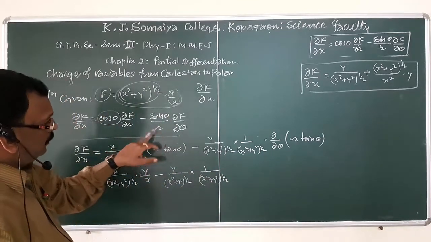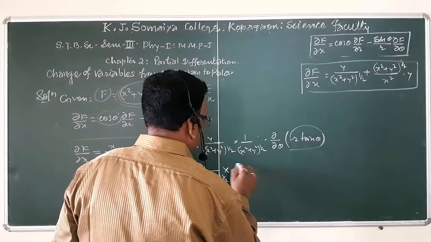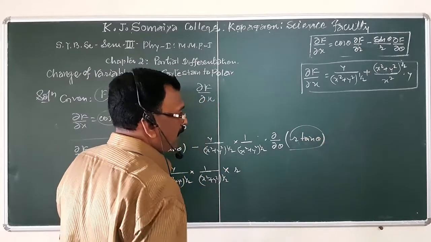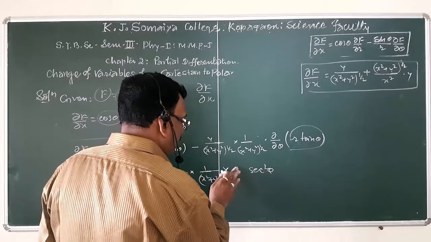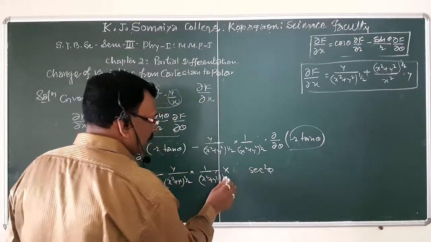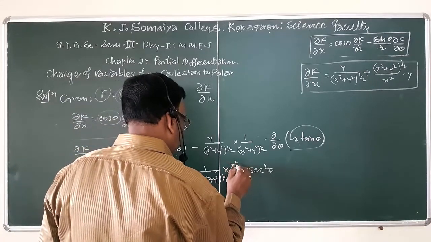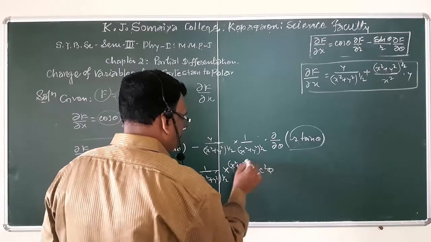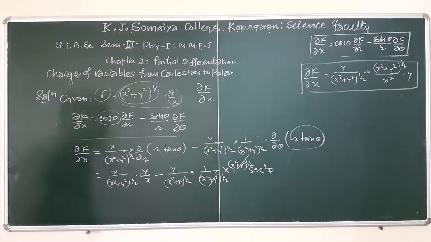And when we solve this, the value of the differentiation of tan theta with respect to theta is sec square theta. Again this r is nothing but this, and therefore this r gets cancelled with this r. Okay, don't confuse: the value of r is (x square plus y square) bracket raised to 1/2. This value and this value get cancelled.